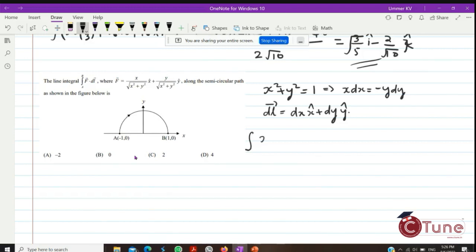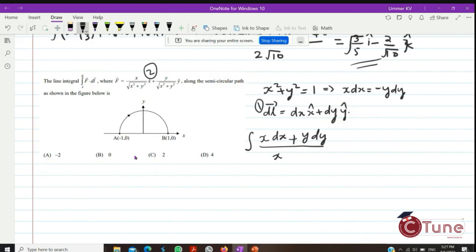So x dx. We want to find the dot product, that is x by square root of x square plus y square x cap into x cap. So x dx, and then y dy, divided by the common term in the denominator, which is the square root of x square plus y square.